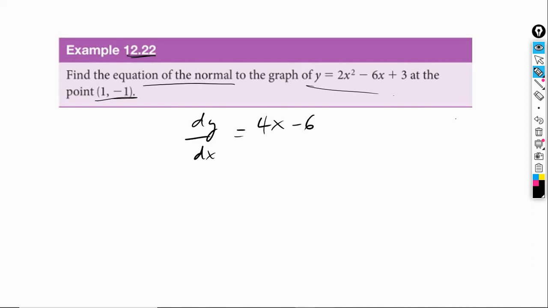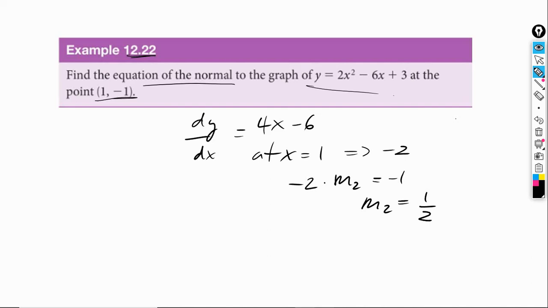So what is the slope at x equals 1? It's going to be -2. But that's the slope of the tangent, and we need the slope of the normal. But remember that -2 times m2, the slope of the normal, has to equal -1. Therefore, the slope of the normal is 1/2.